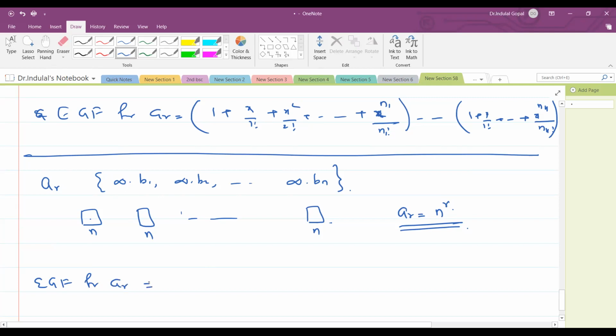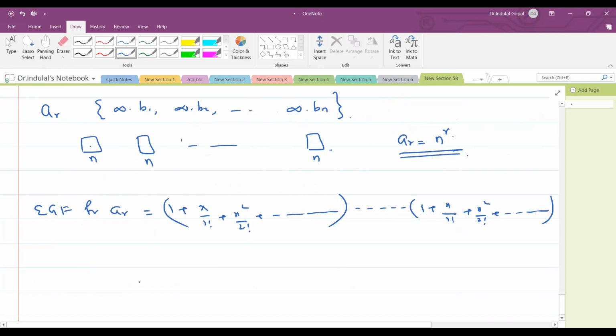The exponential generating function for AR is the product of the exponential generating functions for the permutations of B1, that is 1 plus x by 1 factorial plus x square by 2 factorial plus etc., and so on for each term. This equals e raised to x, e raised to x, etc., n times, so it is e raised to nx.